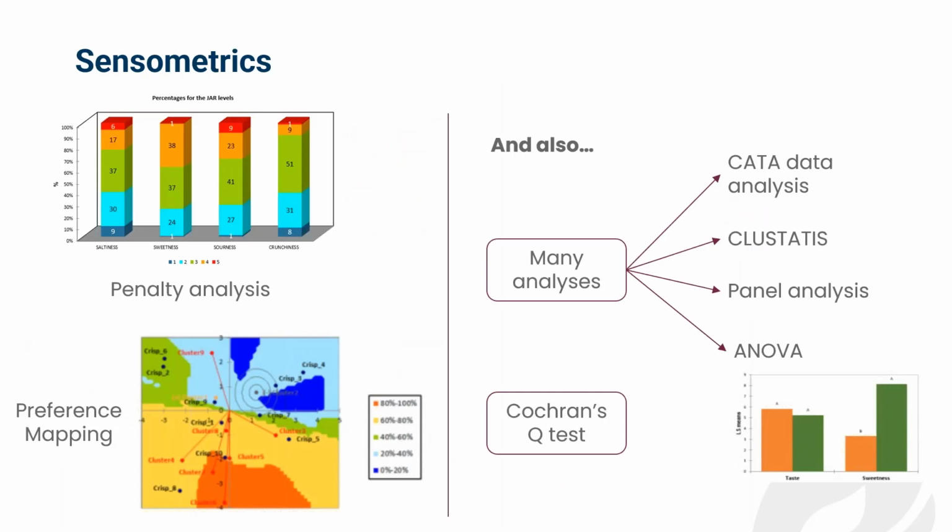Then we have the sensory solution for sensory data analysis. This one is also very used in sensometrics. So let's say I'm a company that sells soft drinks. I would want to compare different recipes.